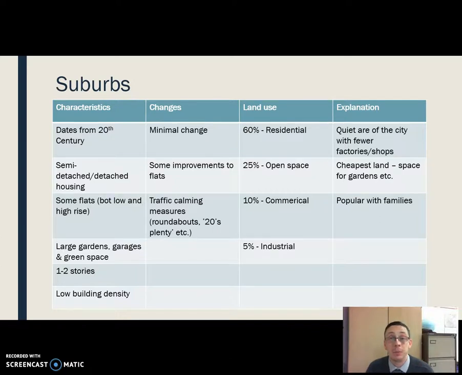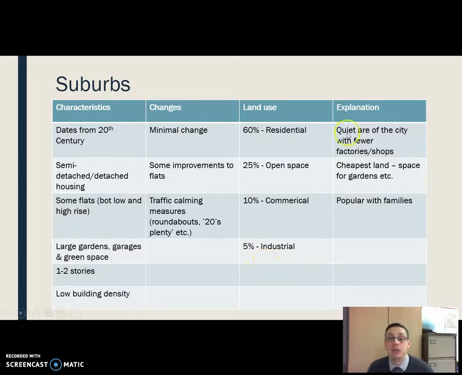Now, the suburbs, due to the fact that they're reasonably new, we've not seen a huge amount of change here. Some of the flats have been improved, and we might see some enhancement of some of the traffic systems, particularly if they were built in the 60s, 70s. We've maybe seen the introduction of more roundabouts, more pedestrianised areas, 20s plenty, things like that.